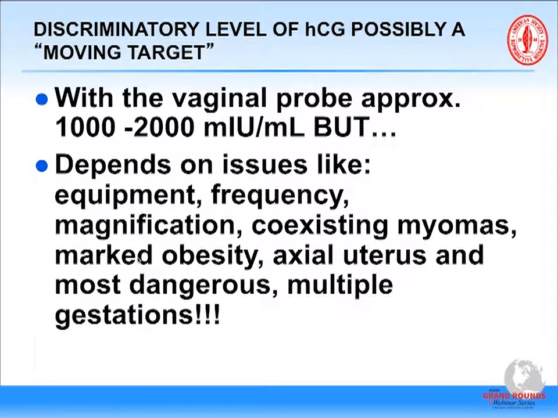And so even transvaginal ultrasound in a markedly obese patient is less reliable. The axial uterus. People used to think the retroverted uterus was a problem. The closer to a right angle the beam of sound is to the structure you're looking at, the better you're going to see. And most dangerous, multiple gestations.